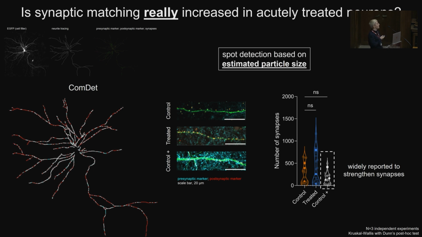At that point, we went back to our data, and since this plugin, as I told you, is strongly based on the particle size that the operator provides as input, we were relying on something published in the literature, but maybe this was not really related to the experimental paradigm we were working on.